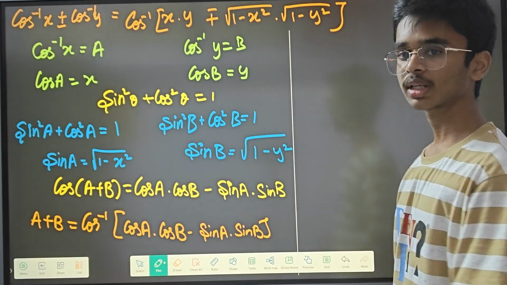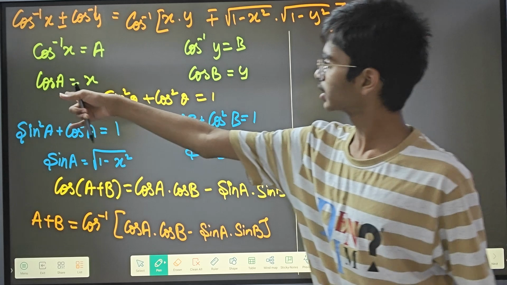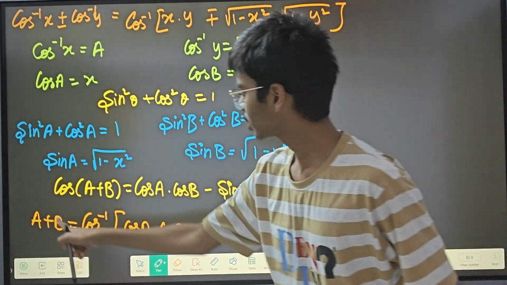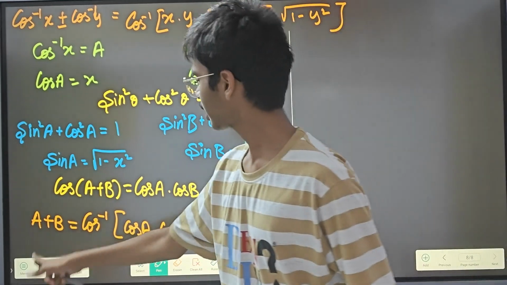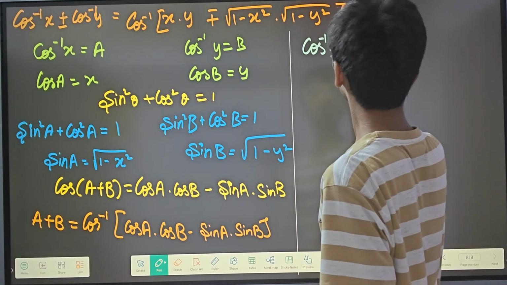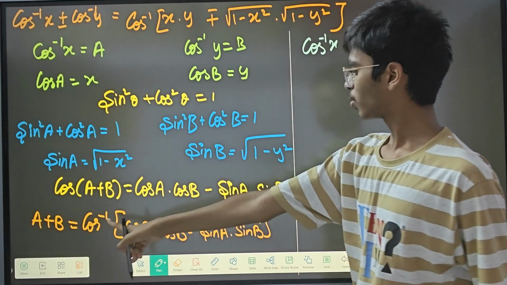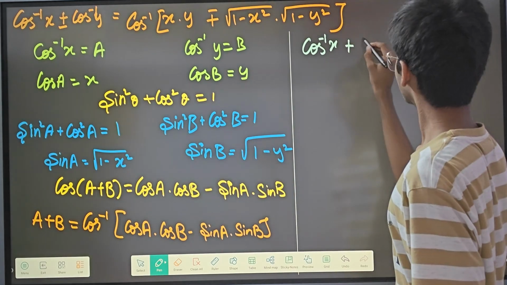So this is what we have got. Cos A is equal to x, and A is cos inverse x. B is cos inverse y.